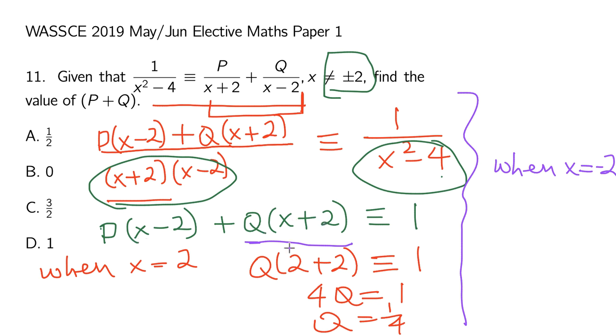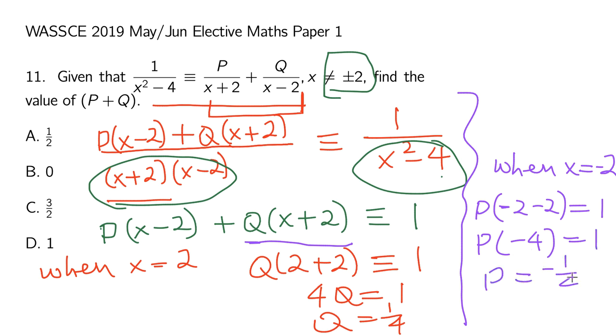But over here you have p times minus 2 minus 2, which is p times minus 4, equals 1. It means that p equals minus 1 over 4. So we have p equals minus 1 over 4, and q is 1/4. So p plus q must be 0.